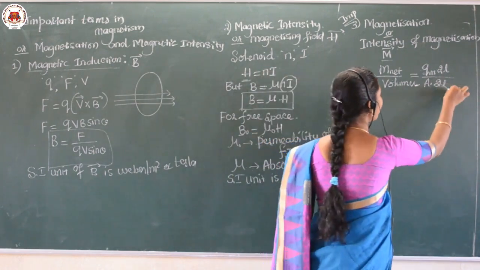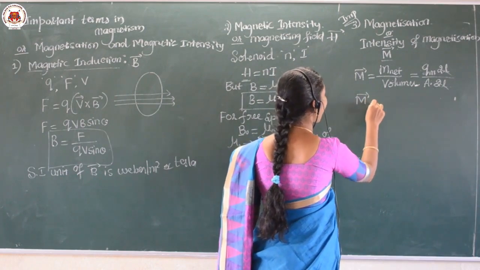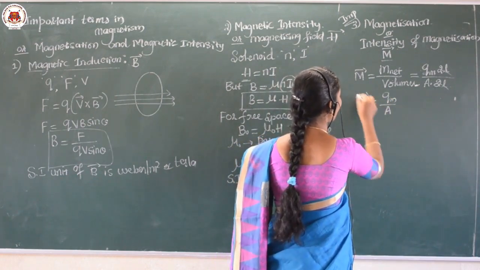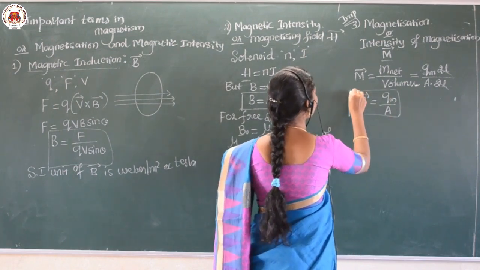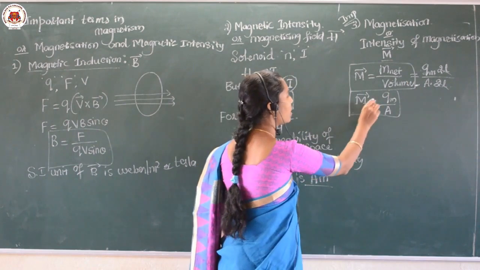Then here 2L you can cancel, then magnetization can also be defined as, how can you define this? This is also one formula, yes. How can you define it in another way?